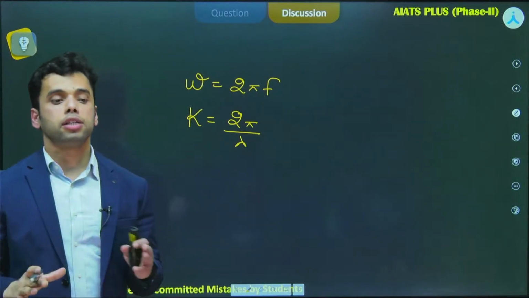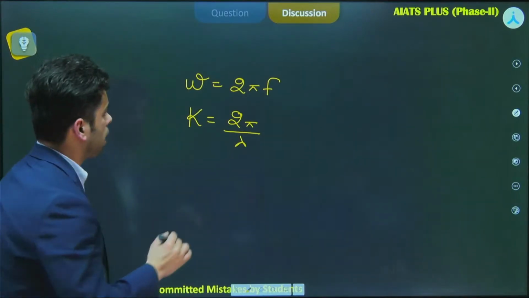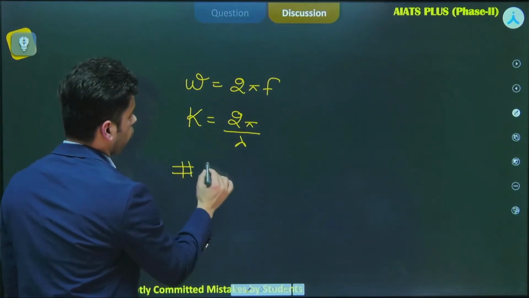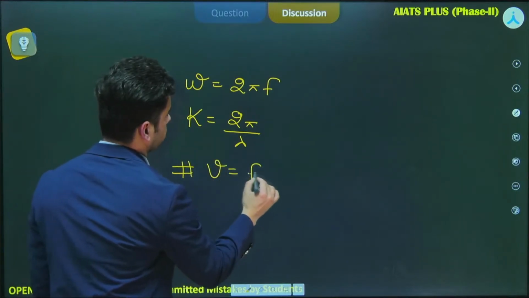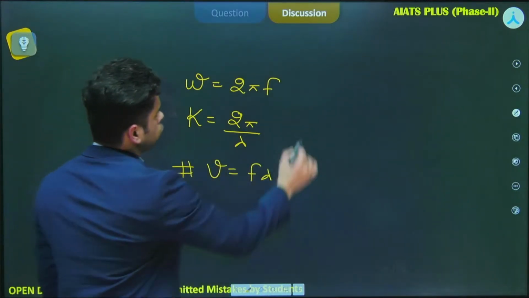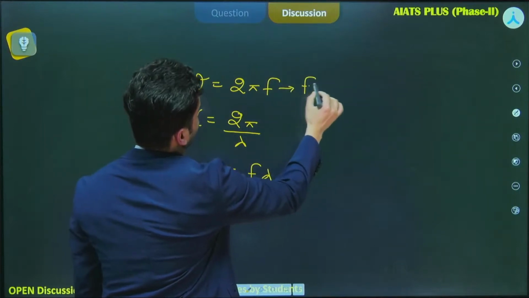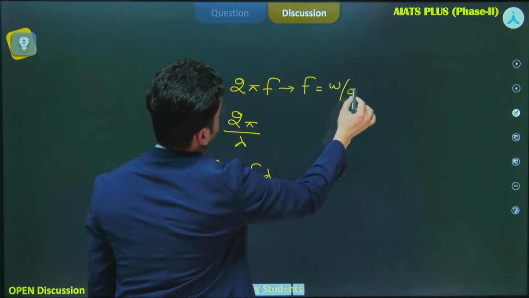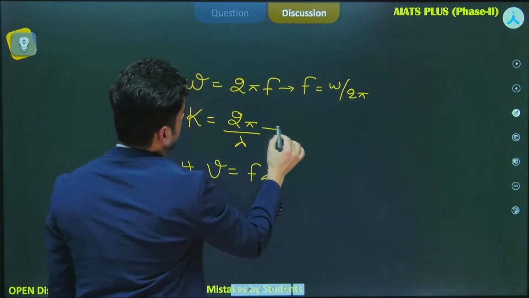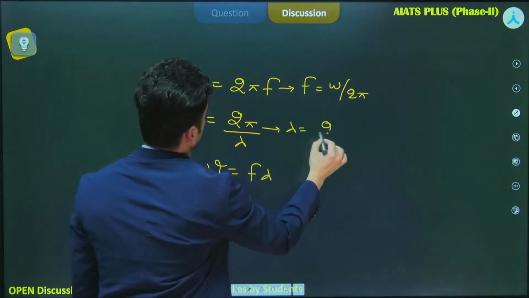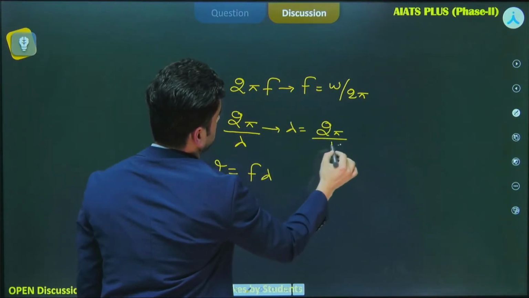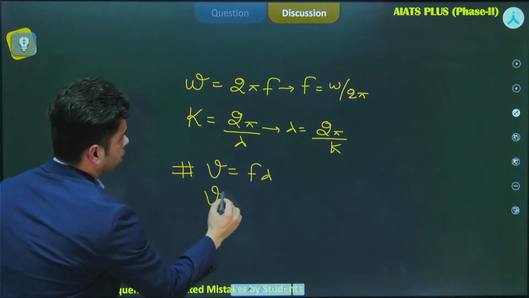Now, from the very basics of waves, I know that velocity of wave, v, is equal to f lambda. So from here, I can write that f is equal to omega by 2 pi, and lambda is equal to 2 pi by k. So v is equal to f lambda.